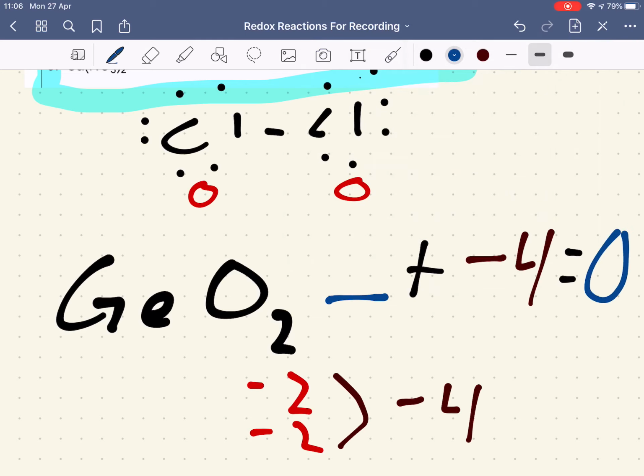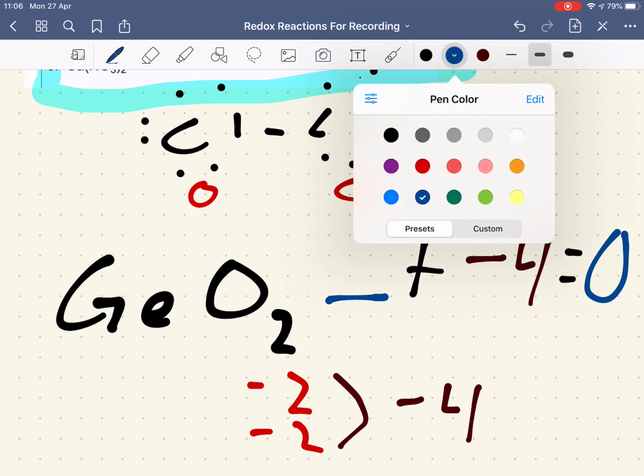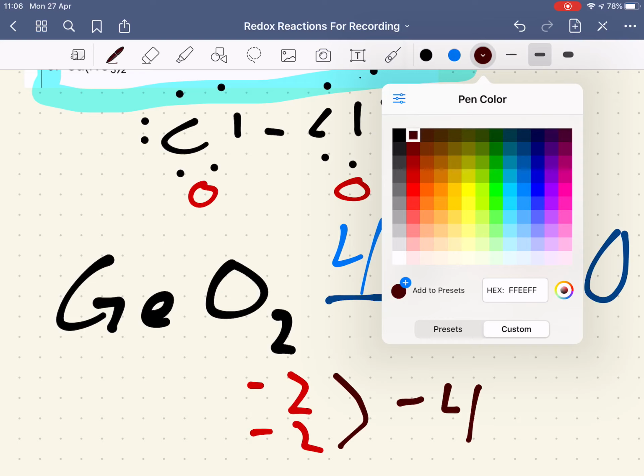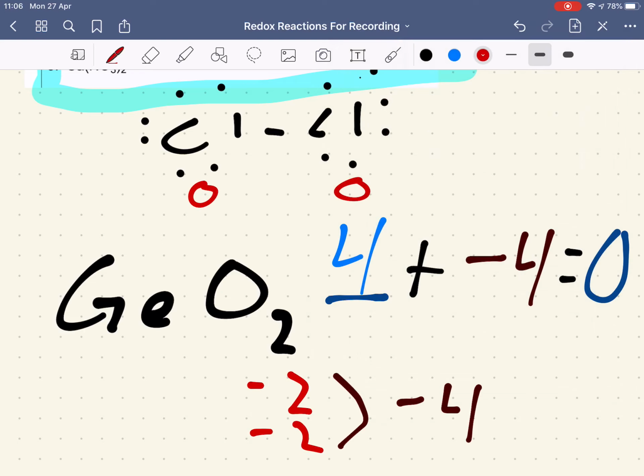Whatever this Ge is, plus the oxygen, which has a total of -4, that's going to be 0. So it's pretty easy. That's going to be 4. So Ge is going to be plus 4.